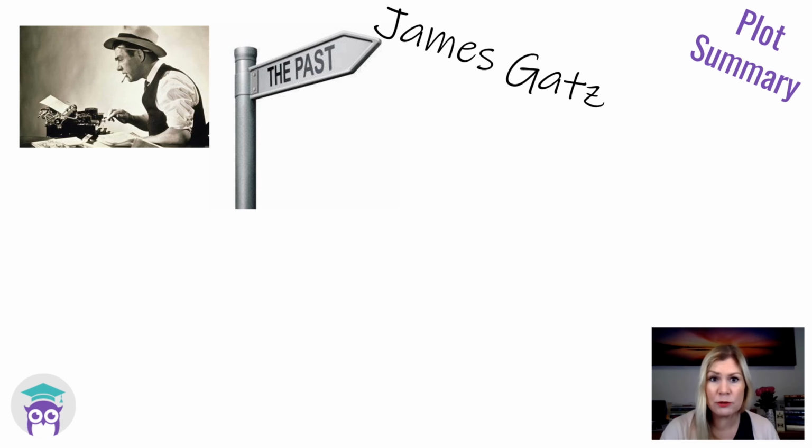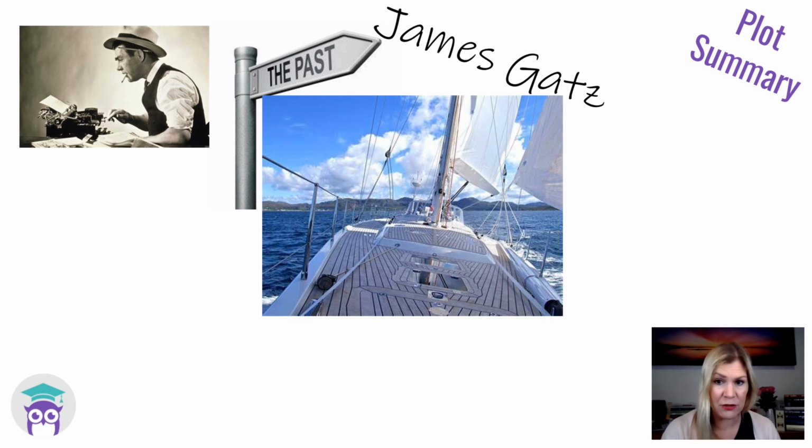Now, in this story of the past, where we learn about James Gatz, we learn about his impoverished background and how one particular day, seeing a chap called Dan Cody get into trouble on a boat, he finds an opportunity to go and help him, meaning that Dan Cody takes him under his wing and James Gatz becomes very quickly Jay Gatsby.